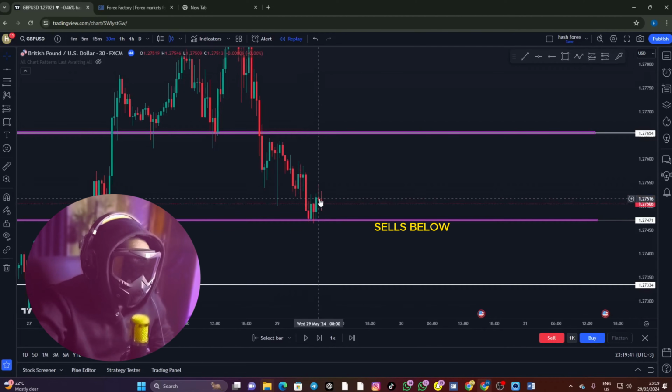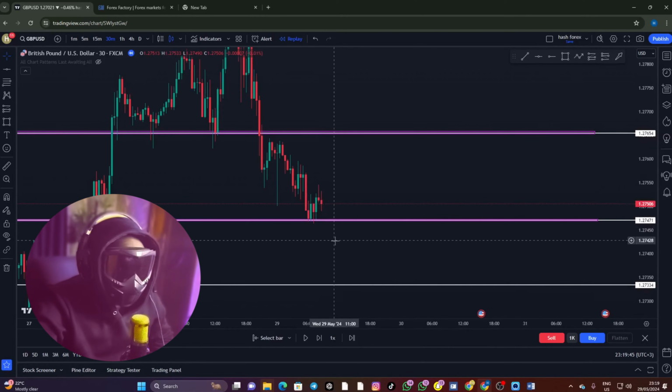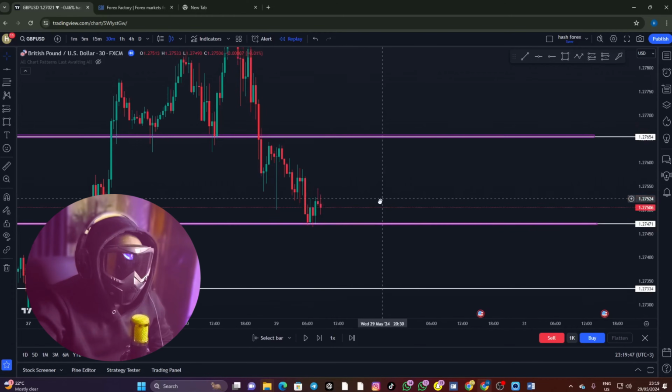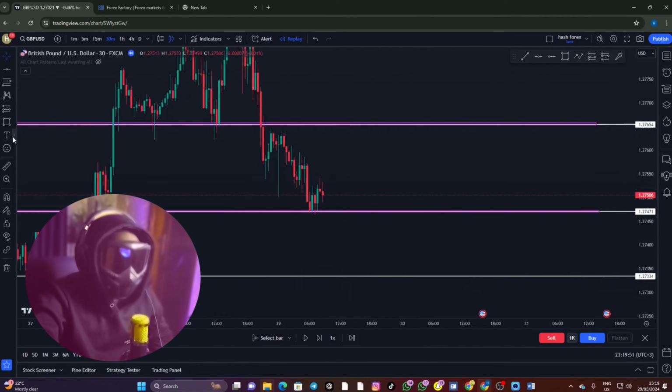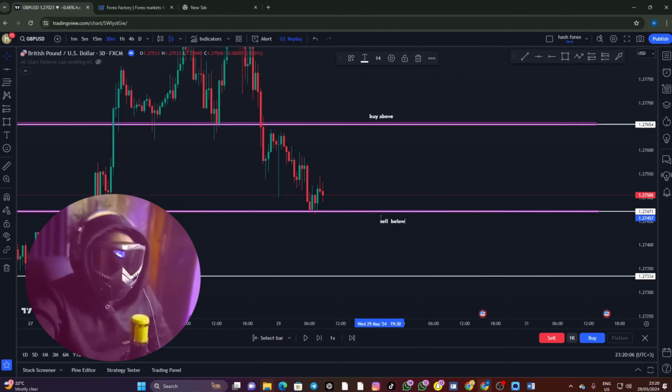If the market breaks below this zone, we'll be expecting continuation to the downside, and if the market breaks above this zone, I'll be expecting some buys. So I'm having my buys above that zone, then I'll have my sales below the zone.